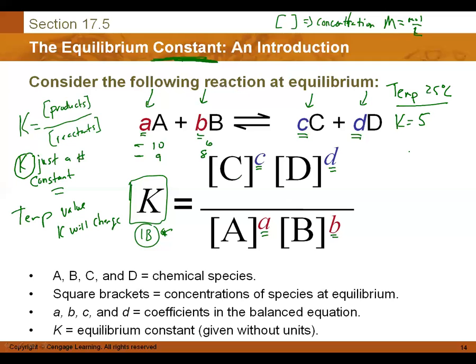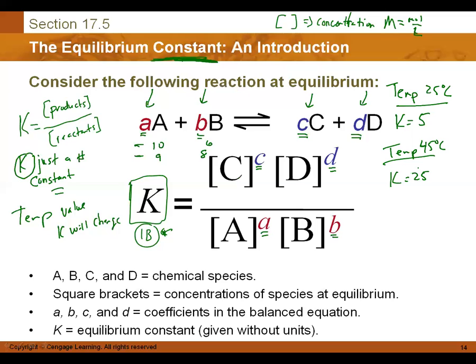And at a temperature of, we'll go 45 degrees Celsius, we will have a K value of, say, 25. What that means is at 25 degrees Celsius, no matter what combination or amounts of reactants or products you put together in this particular reaction, when it eventually hits equilibrium, the ratio of the products to reactants will always equal about 5. It should be really constant.